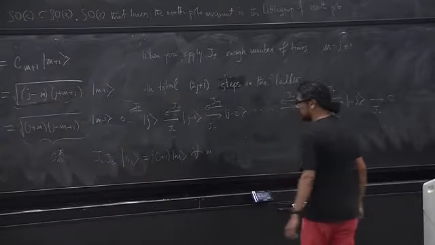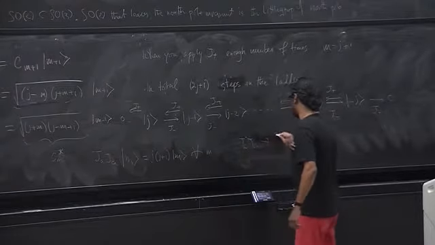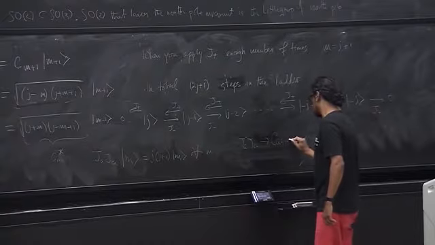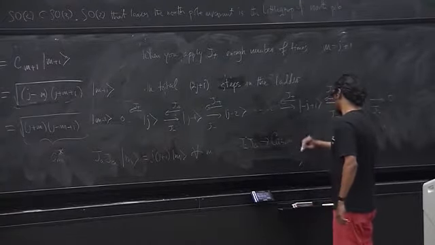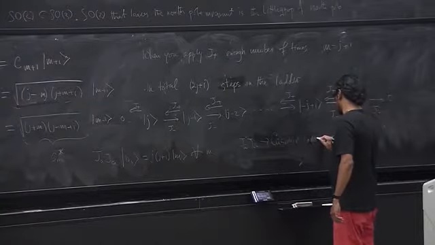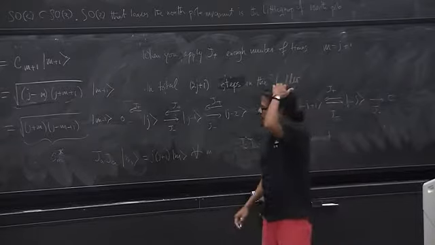And this is a Casimir invariant that labels the whole representation.